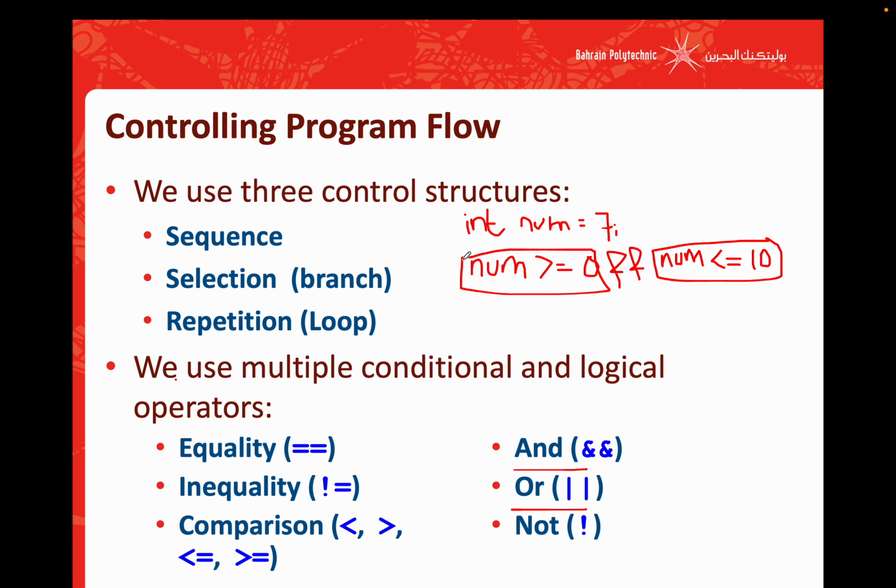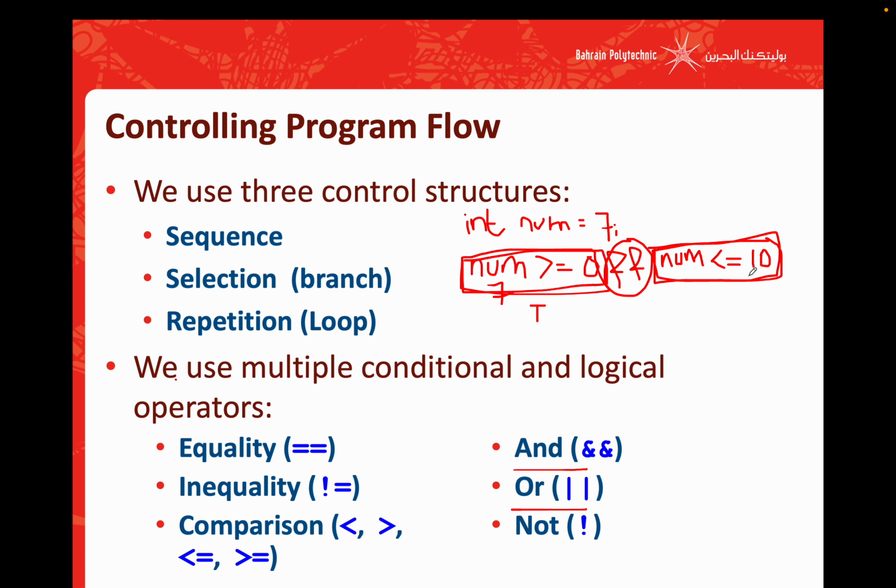What happens is the first condition gets checked, and then the second condition gets checked. And based on the result of these two conditions, AND will give the final result. So for example, here num, which is the value 7, if it is greater than or equal to 0, so 7 is greater than 0, so this becomes true.